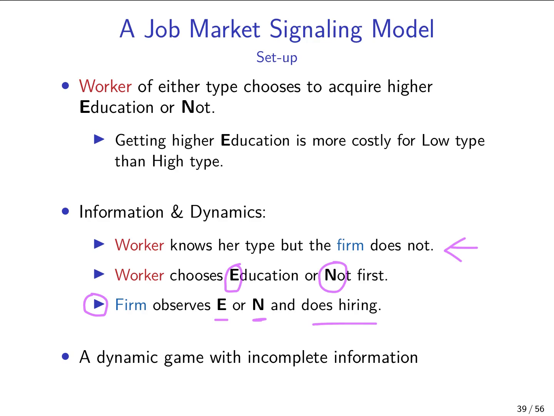A crucial element here, as we mentioned earlier, is that getting higher education is more costly for low types than high types. So imagine that people with high ability are more likely to graduate on time and do well in exams, don't need to hire a tutor, and could study with less time so that they could work.